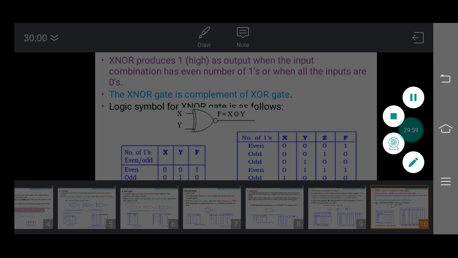So here 1 has appeared how many times? Here is 1, here is 1. 1 has appeared 2 times, that is an even number of times. So what will be the output? Output will be high, that is 1.